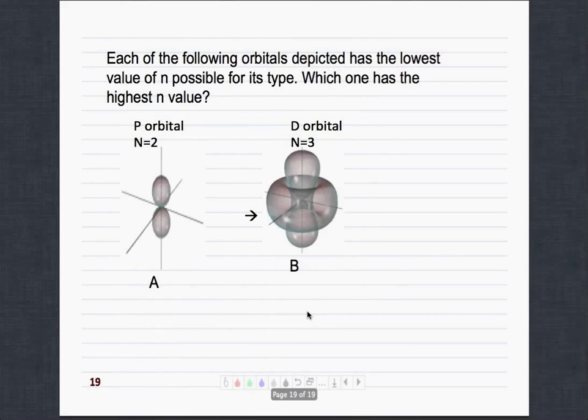Now, one last thing about this chapter. We talked about the first quantum numbers, the second, the third, which are n, l, and ml.